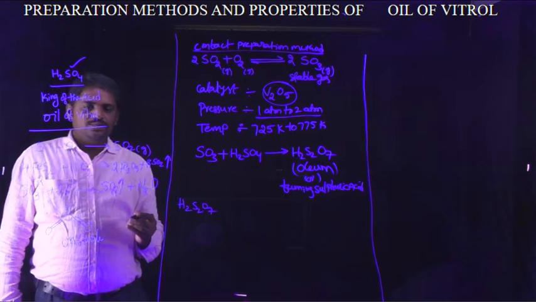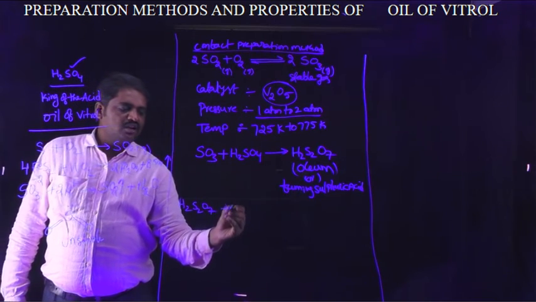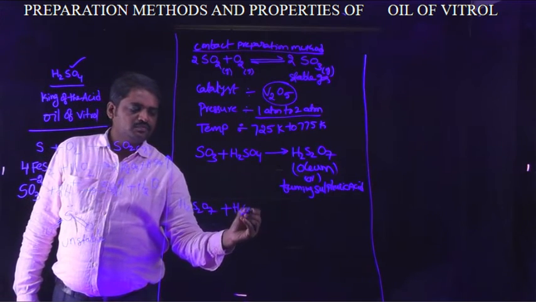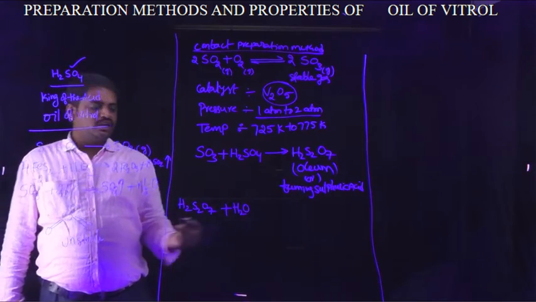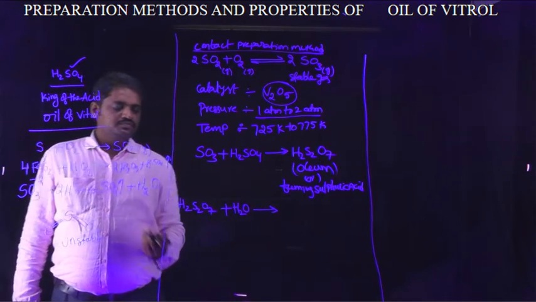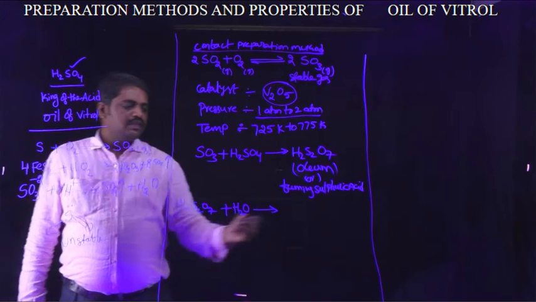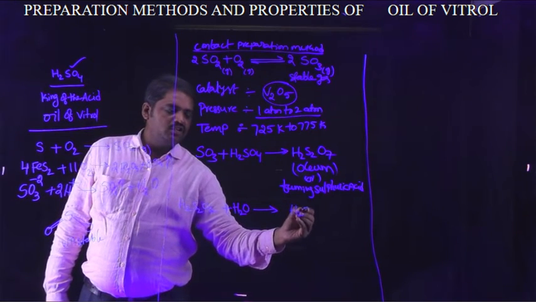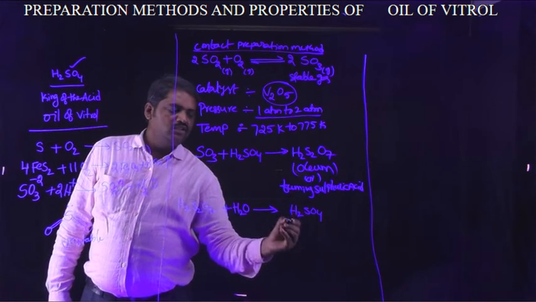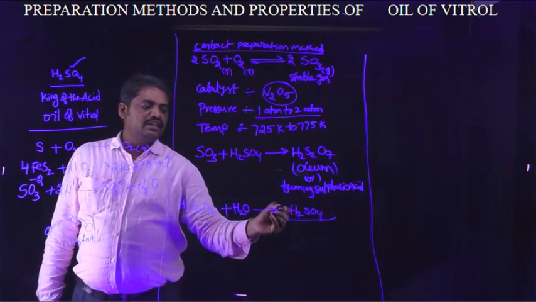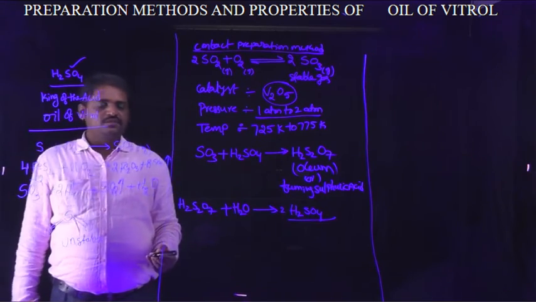This fuming sulfuric acid, H2S2O7, reacts with water to produce dilute sulfuric acid, about 2 moles of sulfuric acid molecules.